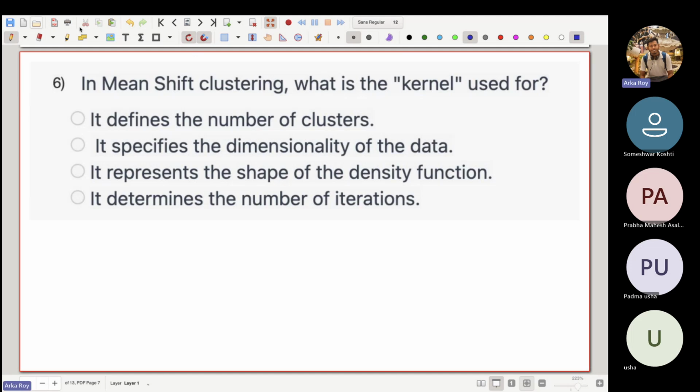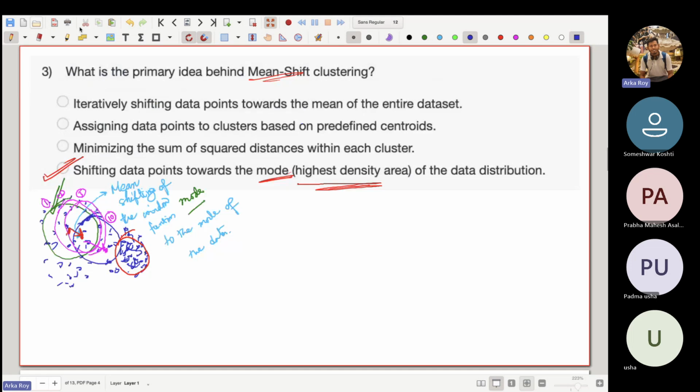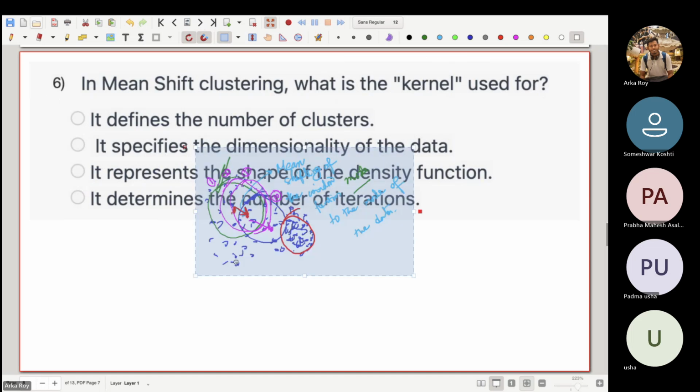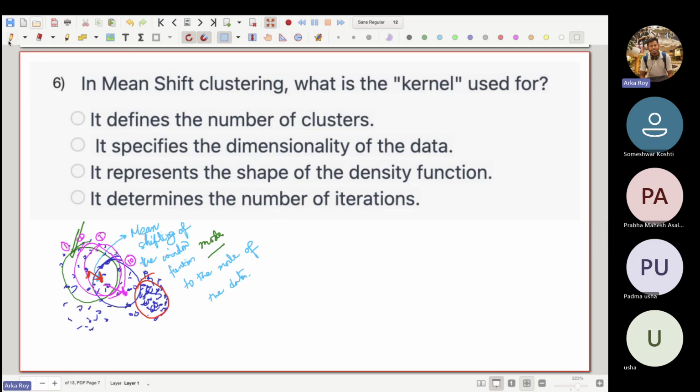The next question states that in mean shift clustering, what is the kernel used for? In this particular slide, this is what a typical mean shift clustering looks like.